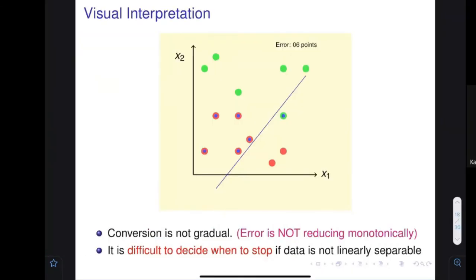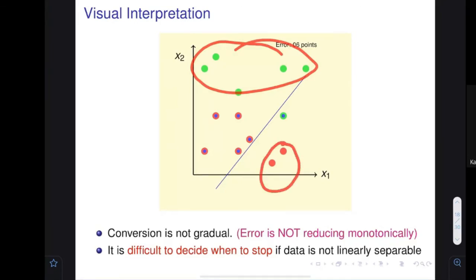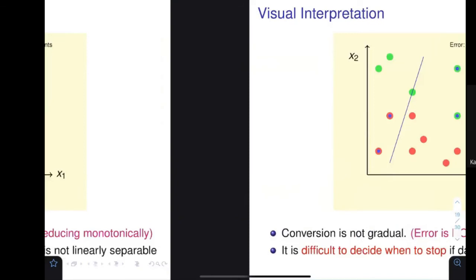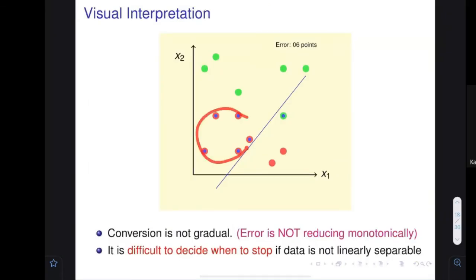When I modified this the first time, this is the line that I get. In this particular line, everything up is positive, below is negative, and these points are correct and other points have a problem. This was a 6-point error. Then I modified, and the line becomes this, because if you want to make it correct, it would move in this particular direction. So the number of errors becomes 5.